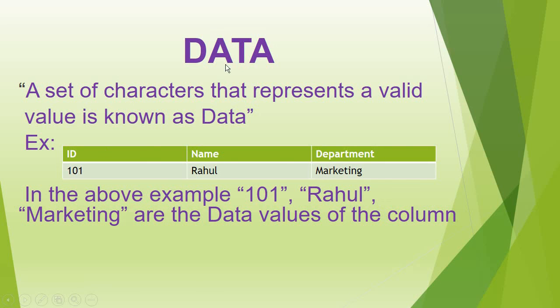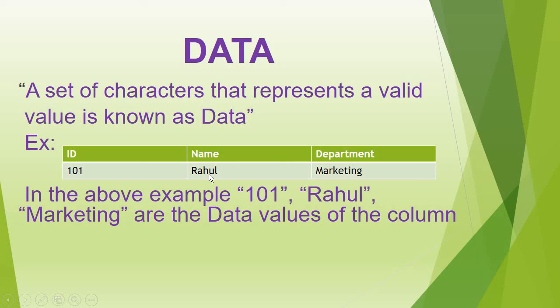See here, a set of characters that represents a valid value is known as data. You have entered a name here. Here we have entered a set of characters. R is a character, A is a character, H is a character, U is a character, L is a character. A set of characters that represents a valid value.